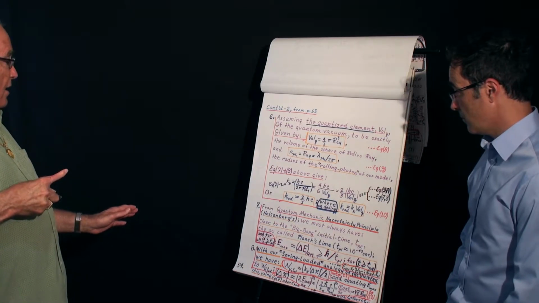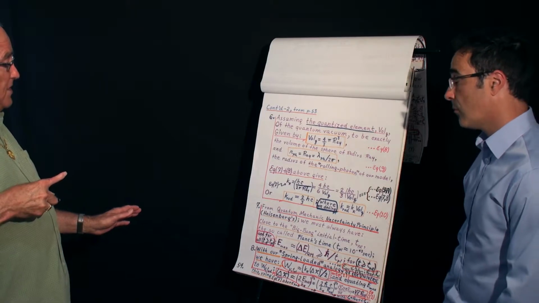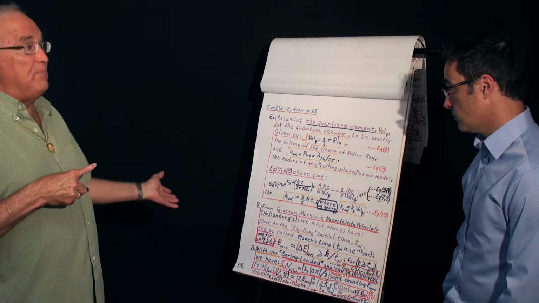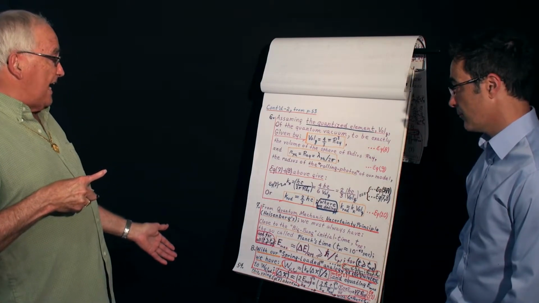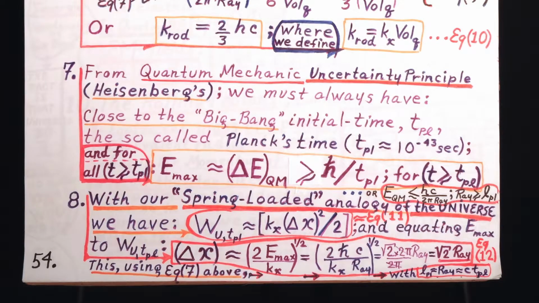And for time greater than or approximately equal to Planck's time, that means all the time, we must have that the maximum quantum energy from quantum mechanics must be larger than or approximately equal to Planck's constant divided by t Planck.